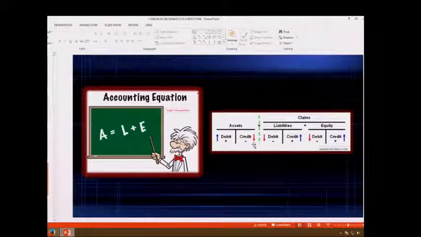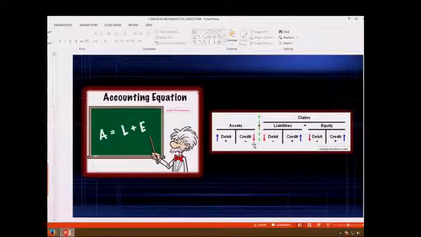When you do your T accounts, especially in your packets, I gave you some T accounts that you can work on. A lot of people find it helps on the asset accounts to put a little plus up on the left-hand side and a little minus symbol over on the right-hand side. If that helps you to remember, that doesn't hurt anything. After you do it a few times, you won't need that anymore.